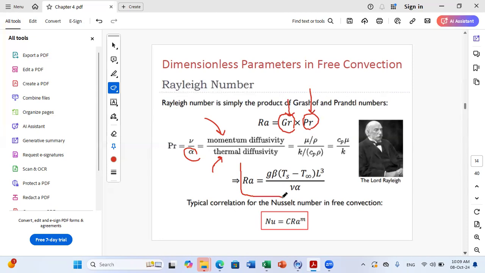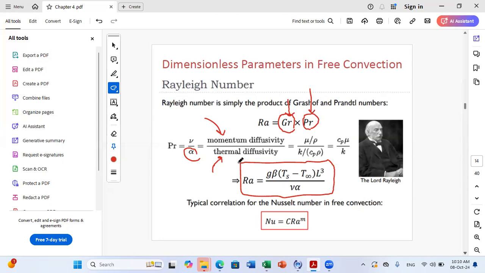that is very important, and that will replace the Reynolds number in case of forced convection. So keep in mind, in forced convection, I calculate the Reynolds number to know which empirical relation to select, to know if it's laminar or turbulent. While in free convection, the empirical relations will be divided according to the Rayleigh number.